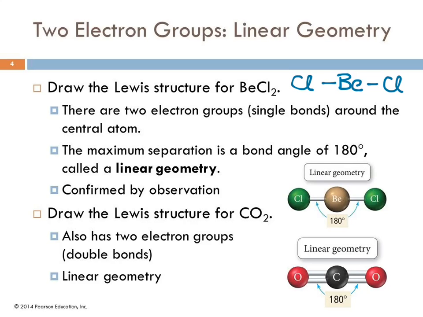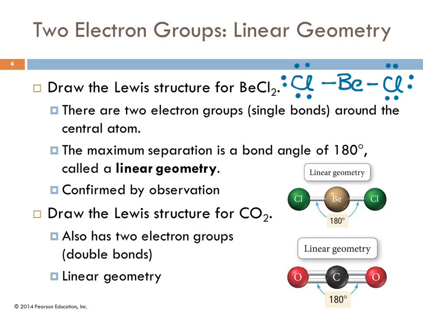The chlorines each have 7. 7 and 7 is 14, and beryllium has 2. So we've got 16 valence electrons. So we've already got 2, 4, 6, 8, 10, 12, 14, 16. So it violates the octet rule. Okay, let's just ignore that for right now.